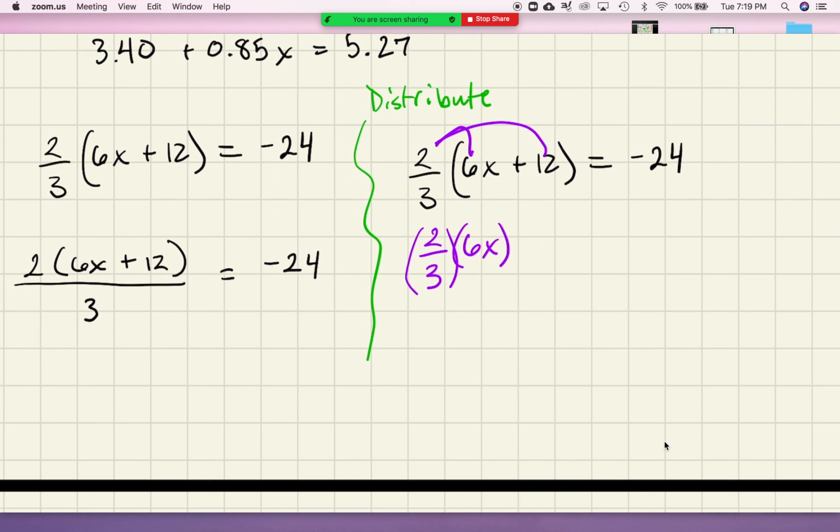And I'll put parentheses around it just to emphasize that it's multiplication. So that's the first distribution. The second one, I'm distributing to the other one. So I would write the plus and then this number, 2/3 in parentheses and a 12 in parentheses. And I'll keep the equal sign and the negative 24.